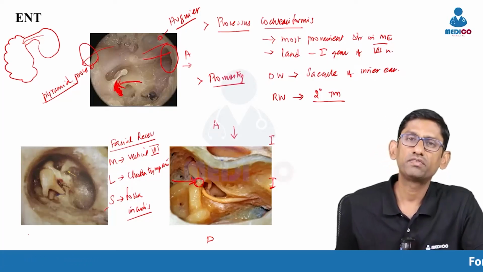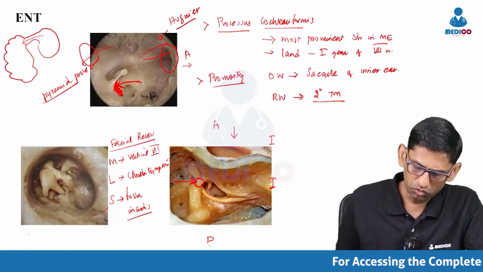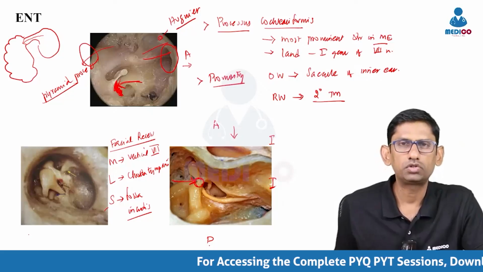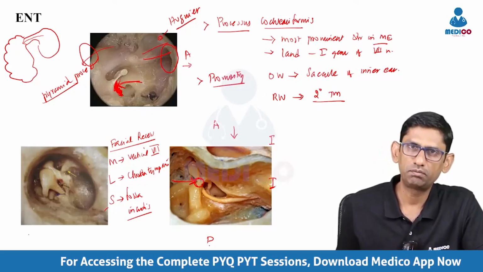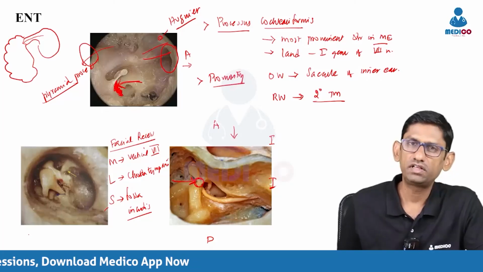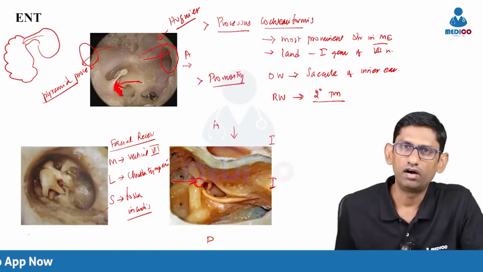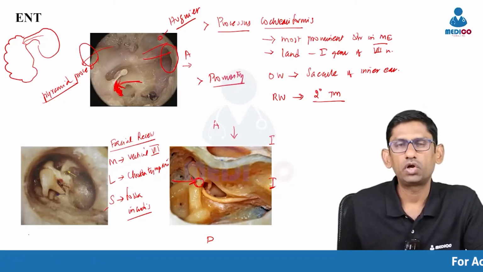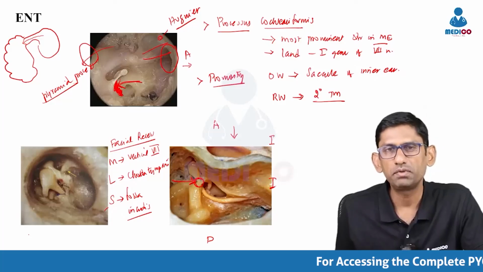So the importance of the facial recess is, if you want to do middle ear surgery, if you want to approach the posterior part of the mesotympanum from the mastoid, you can open this facial recess in the bone during surgery, and you can very well operate in the posterior part of the mesotympanum.